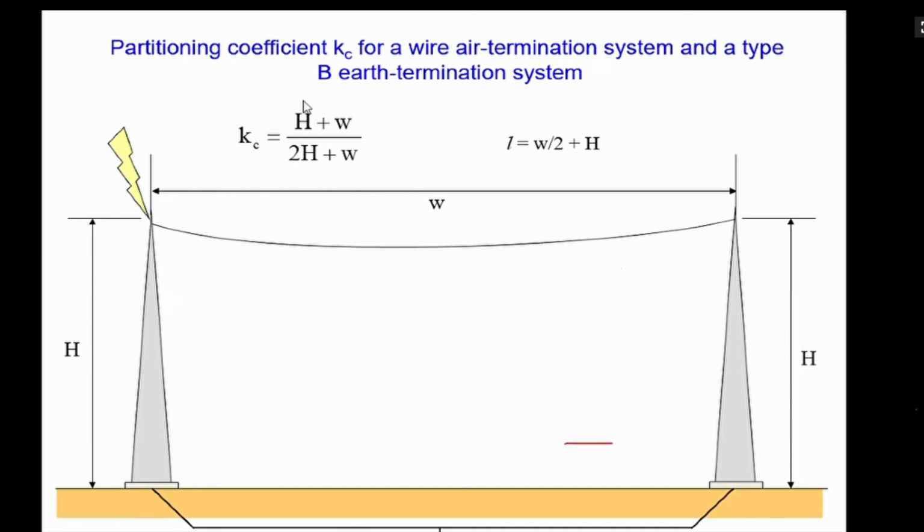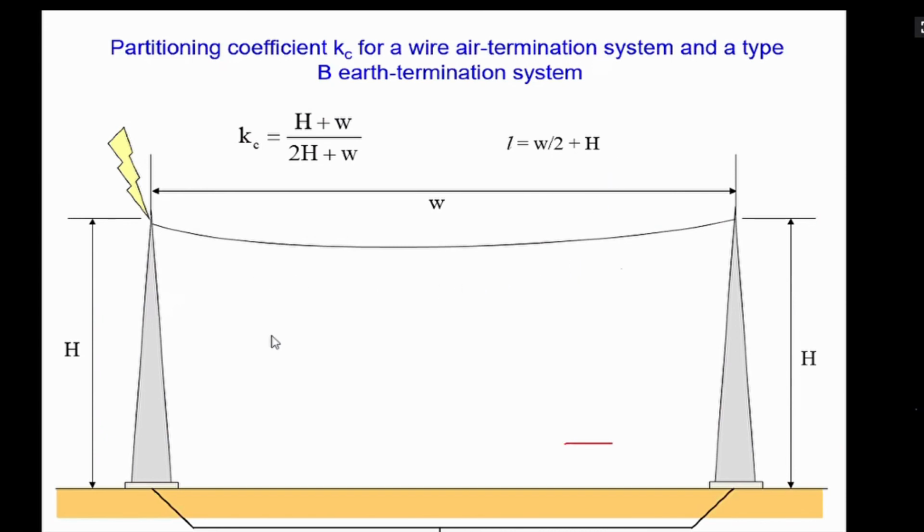Then the Kc value should be calculated from this. There is no support from the tables, so you have to calculate it. And L should be W/2 plus H.